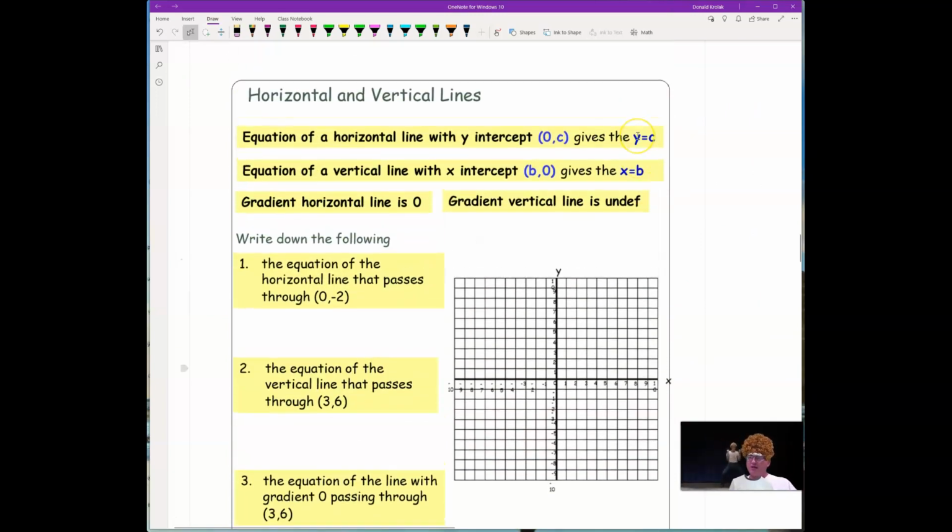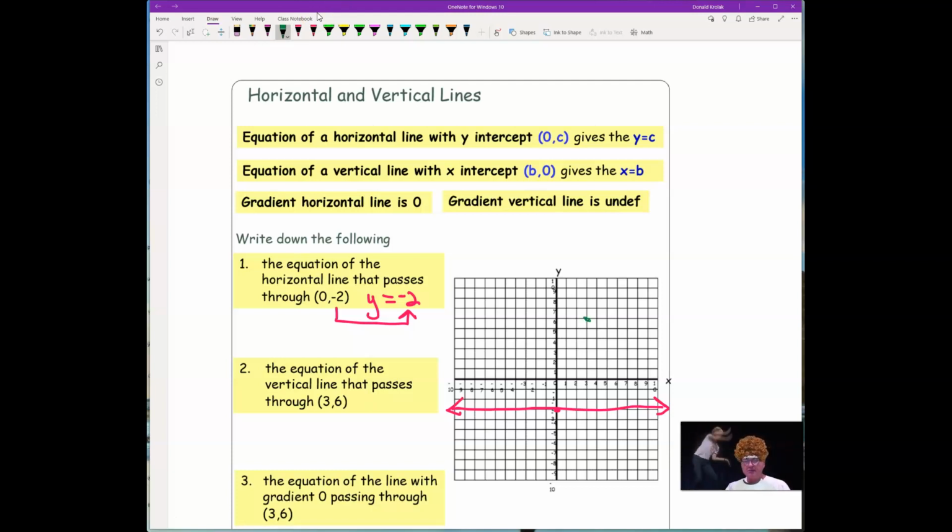So, write down the following. The equation of a horizontal line that passes through 0, -2. We know that's the y-intercept, so our equation is simply y equals -2. Pretty straightforward. A vertical line that passes through 3, 6.